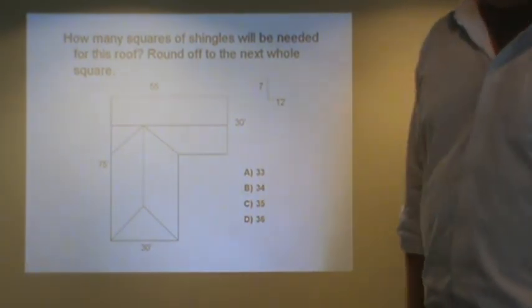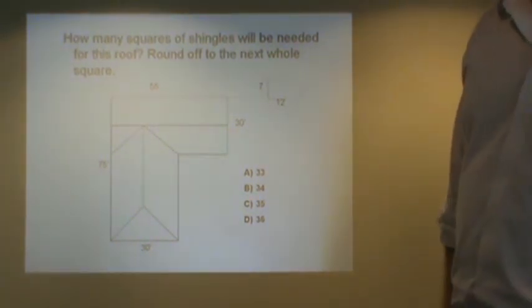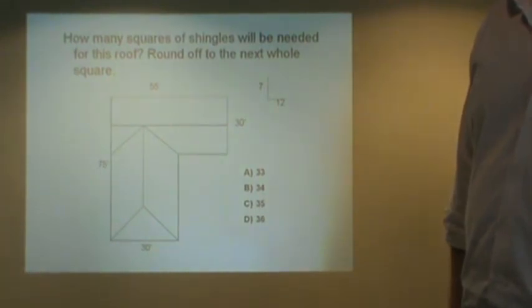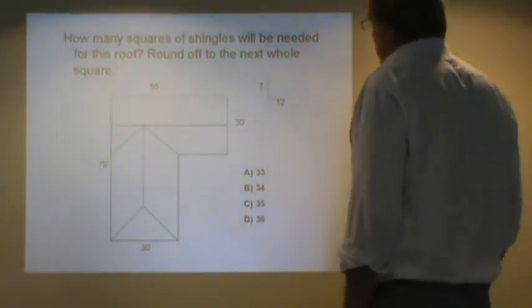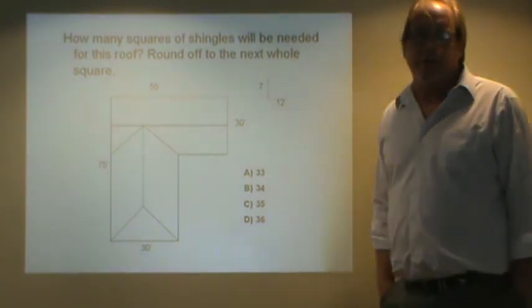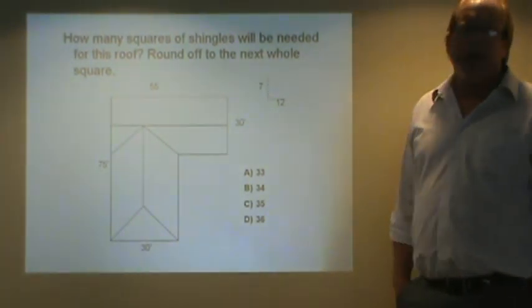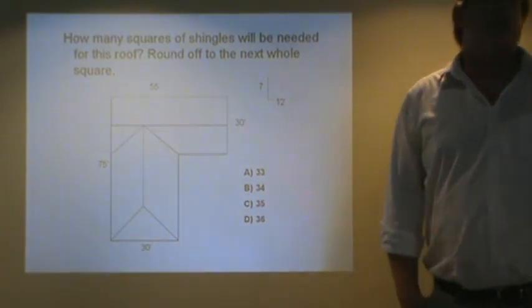If we look at our table, what number do we have to multiply by if it's a 7 and 12? 1.158.